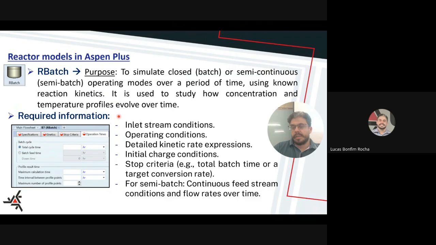Because in this case, as we are going to solve ordinary differential equations, we must specify the initial conditions for solving this problem. The stop criteria, if it's the batch time or a target conversion rate. And for a semi-batch, we must specify the feed stream conditions and flow rates over time that are being fed into the reactor along the batch. So it's a model for simulating batch processes.